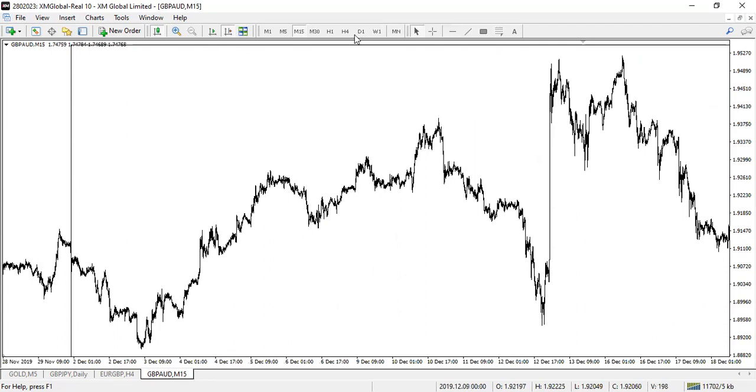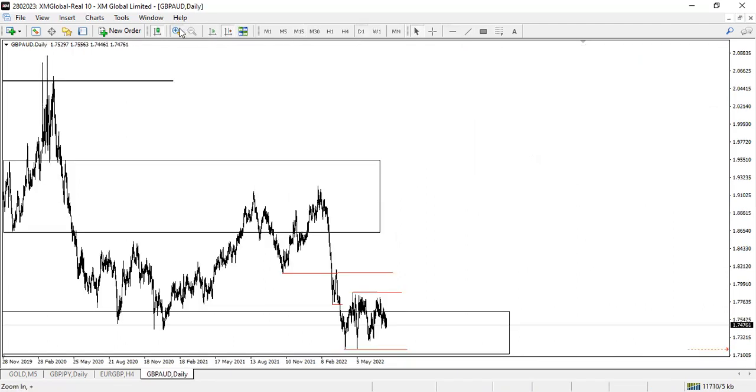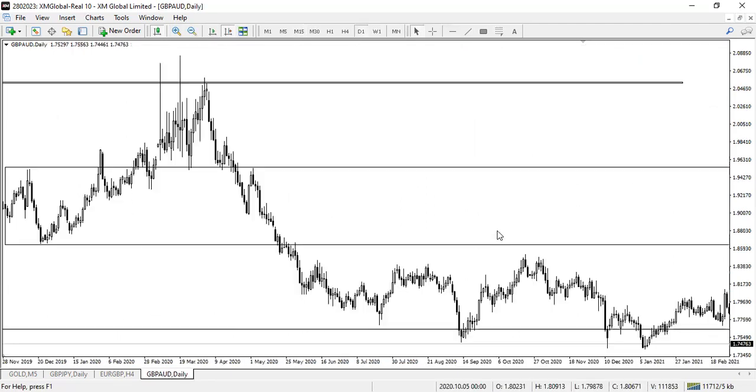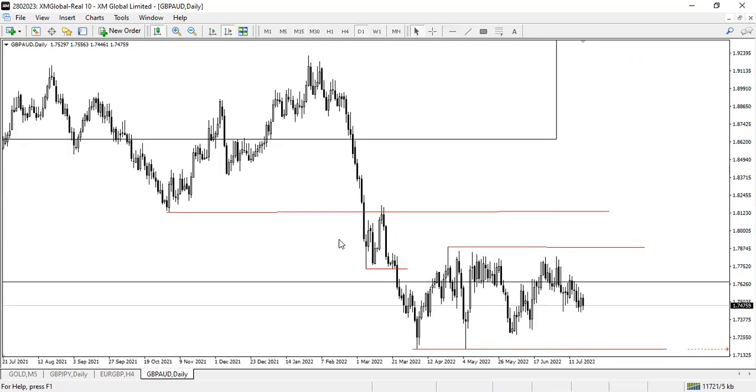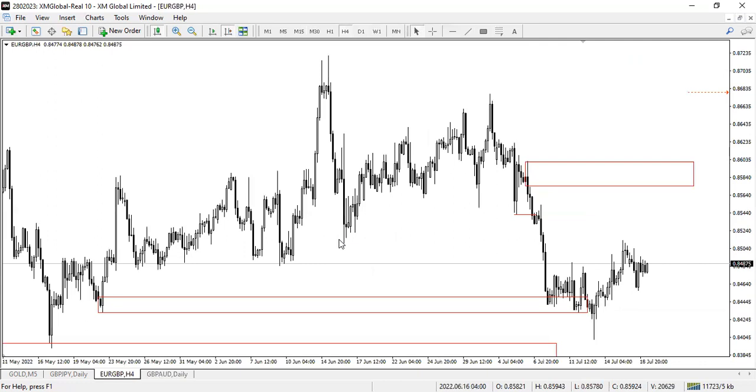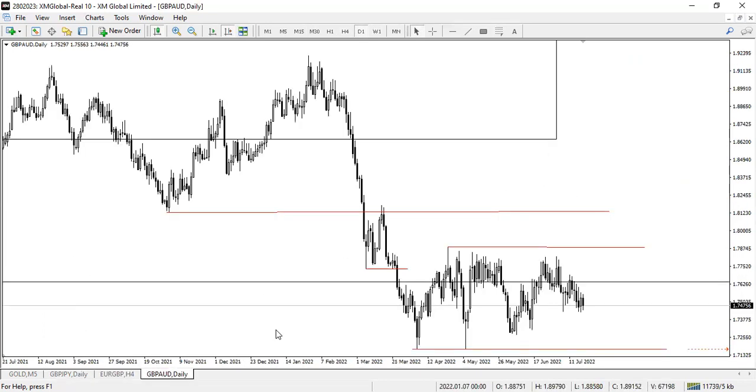This is all I wanted to show you. There's no need for me to continue showing the same thing on Euro GBP or GBP JPY or whatever. I showed you one thing, then apply the same method everywhere.